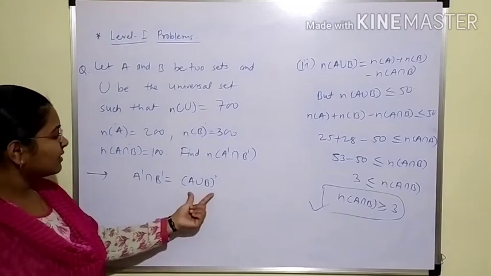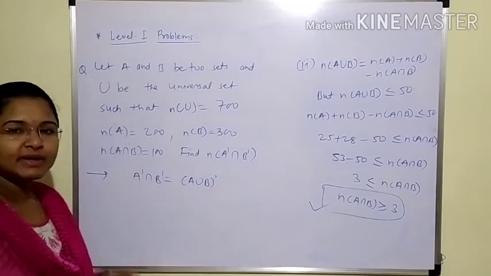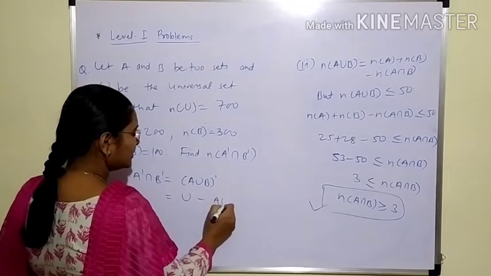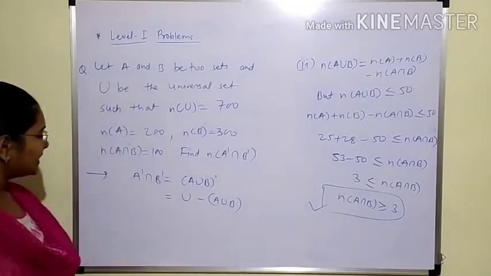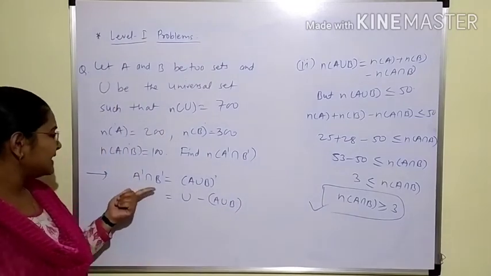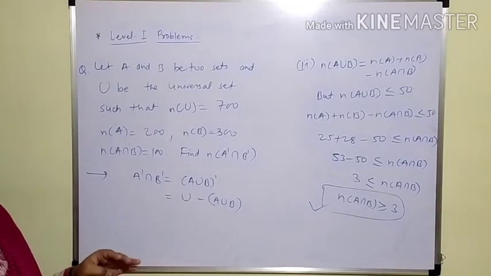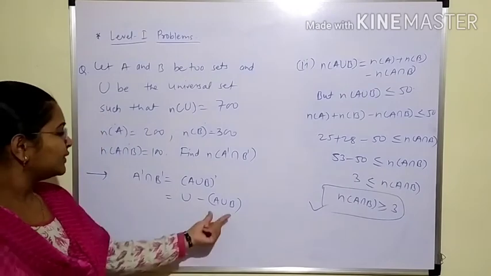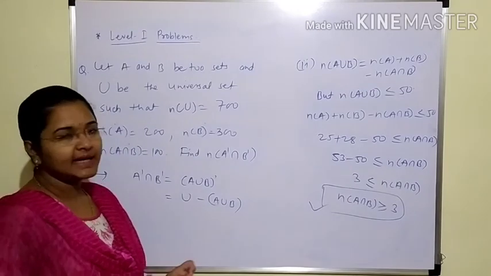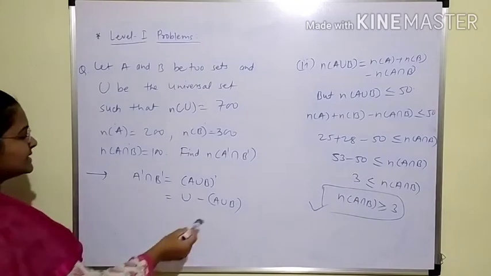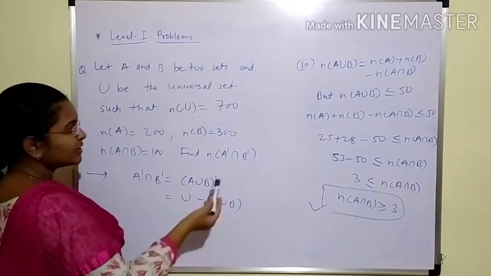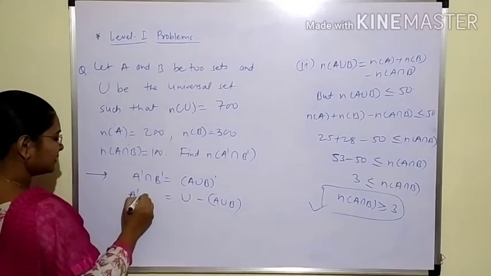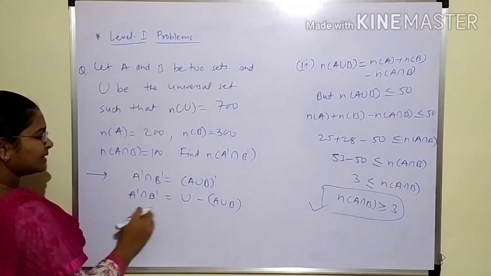The number of elements in the complement of A union B is nothing but the universal set minus A union B. For finding the intersection of the complements of two sets, we need the number of elements in U and the number of elements in the union of A and B. We can easily find the union because we have all these three quantities.